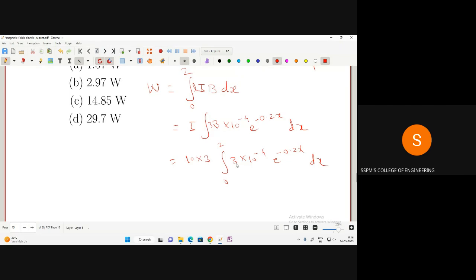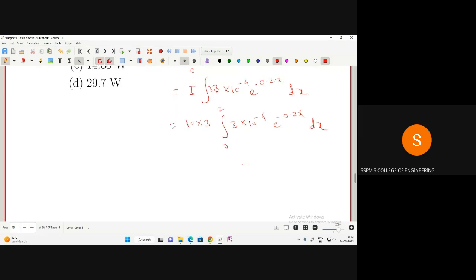Solve it. The 3 into 10 to the power minus 4 is also constant. 3 into 3 is 9. It becomes 90 into 10 to the power minus 4. Integration limit 0 to 2 e to the power minus 0.2x dx.